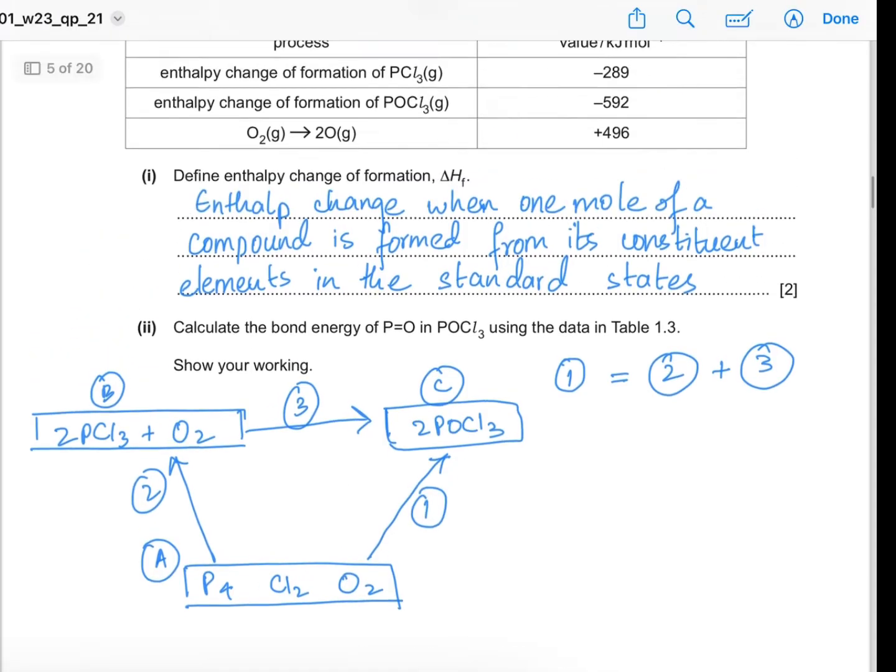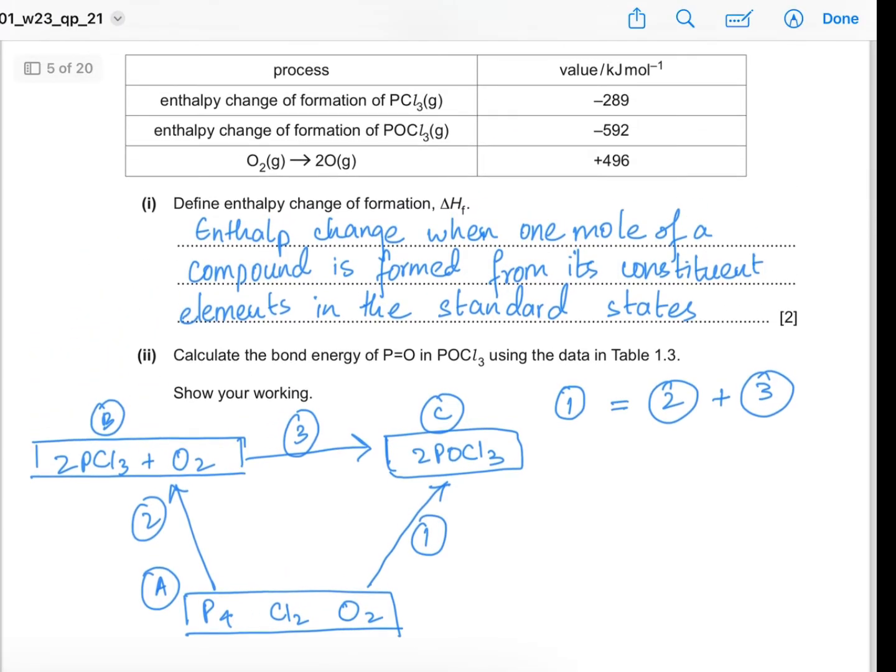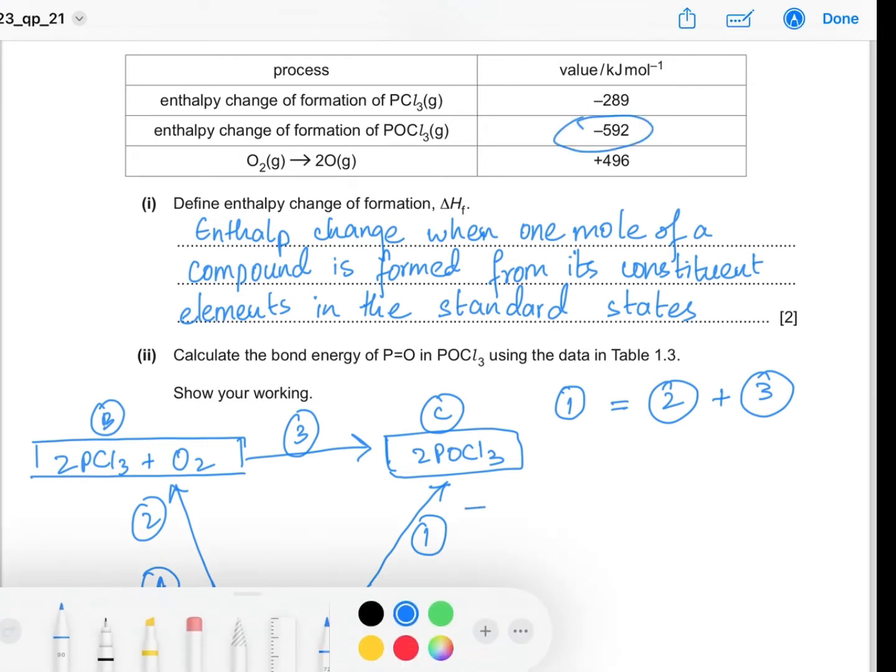So the table provides us the enthalpy change of formation of phosphoryl chloride, which is negative 592. Since we have 2 of these forming in the reaction, we'll multiply that by 2. Now the energy change for the second reaction, which is formation of 2 molecules of phosphorus trichloride, is negative 289 multiplied by 2, since we have 2 molecules.